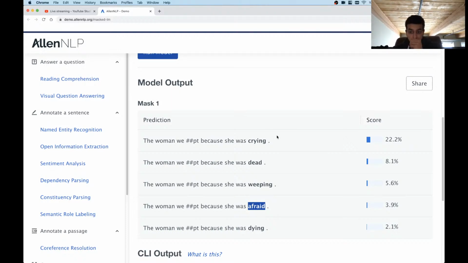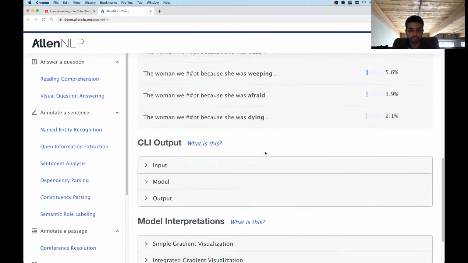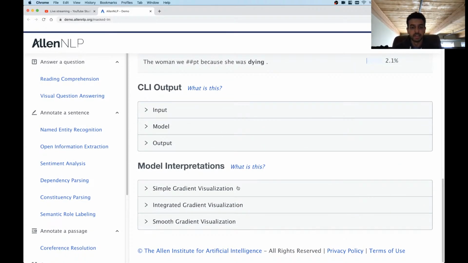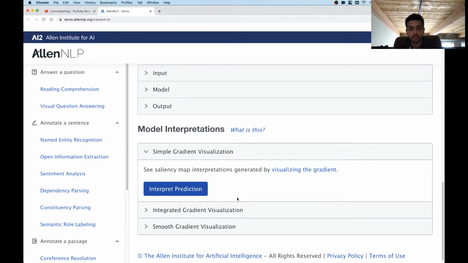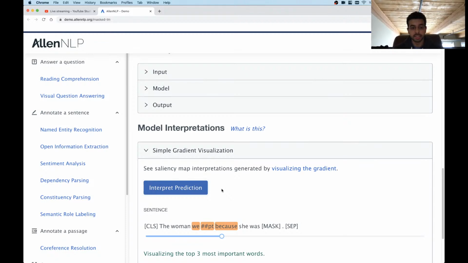But anyway, you might be curious to know, when the model was making this prediction of what goes into the missing token, which words in the sentence were most important to make that prediction. And so you can go down here and you see this model interpretation thing. So we can just look at a simple gradient visualization. And so basically how this is done is you compute the gradient of the loss at this mask token with respect to all of the embeddings in the sentence.